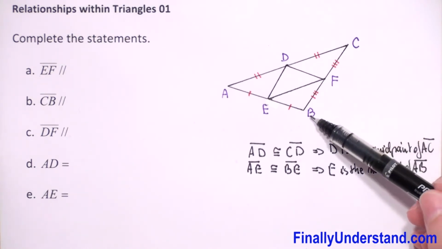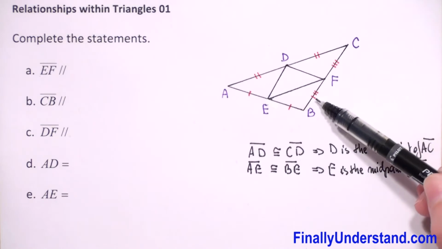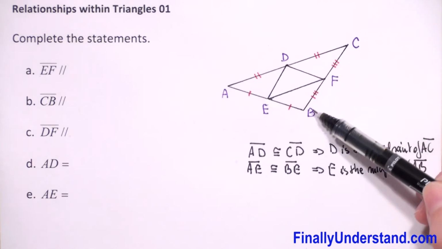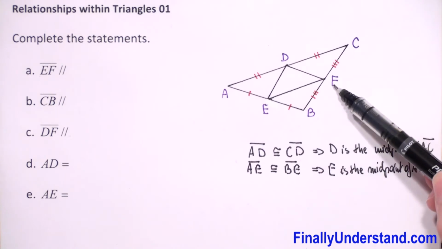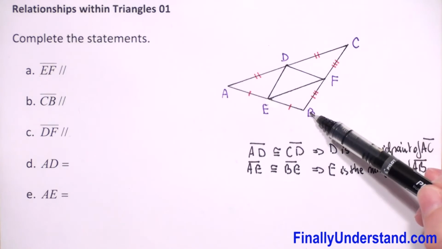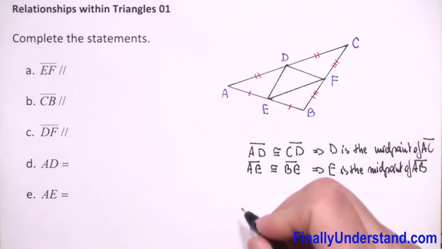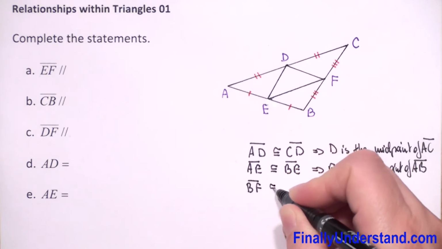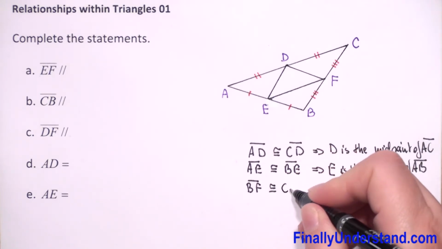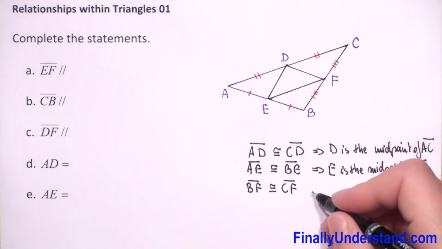What else? On segments BF and CF we have 3 marks. So it means that BF is congruent to CF and F is the midpoint of segment BC. So we can write that BF segment is congruent to CF segment.